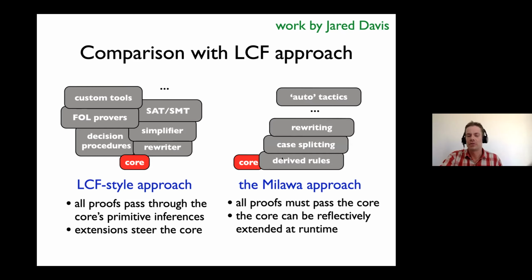And then you keep on doing this. You use the derived rules to check more advanced things like case splitting and then rewriting and so forth. And you go up the hierarchy until you have auto tactics, and no longer do these go through the core, because they have been checked by the core to be sound. So you don't have to go through the core anymore, because the implementation of these is already checked.